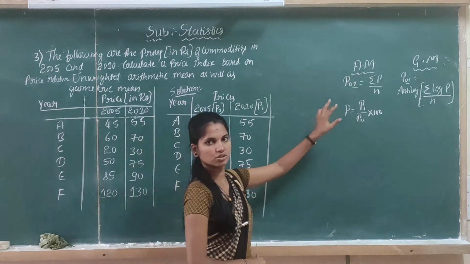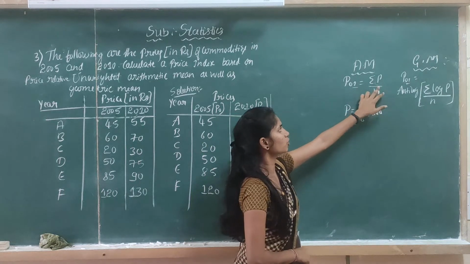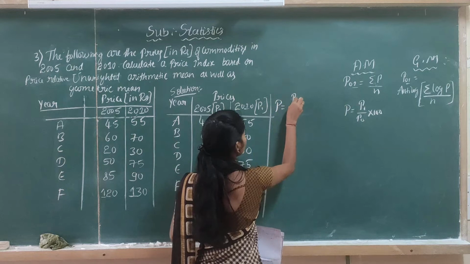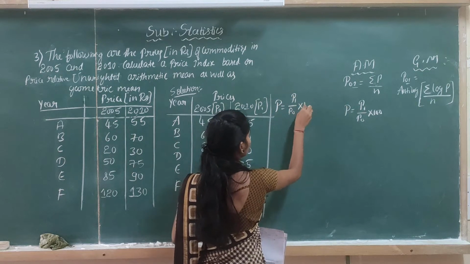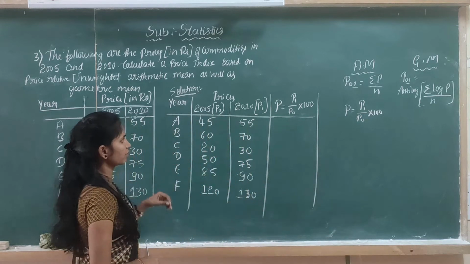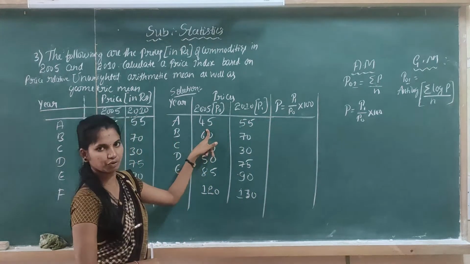So for the calculation of the arithmetic mean, we need summation P divided by N. So you calculate the value of P. P equals P1 divided by P0 into 100. So what is the value of P1? First value 55 and the P0 value is 45.